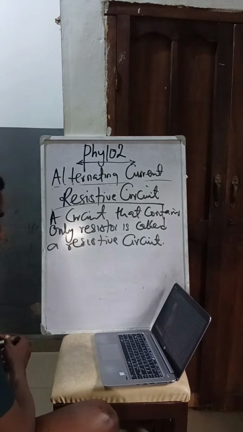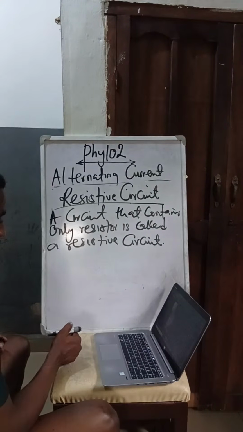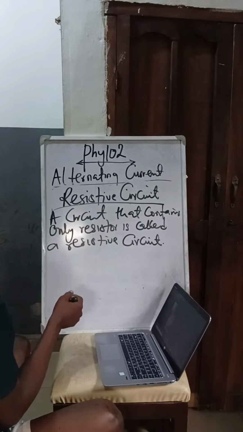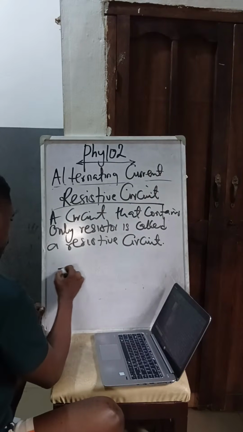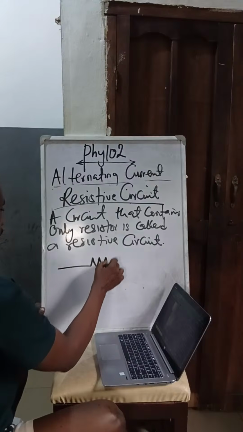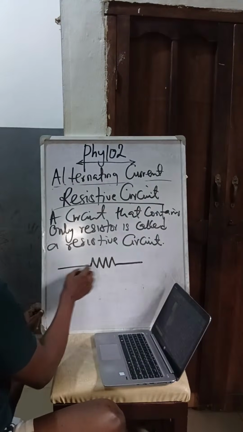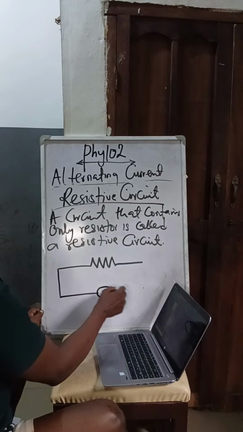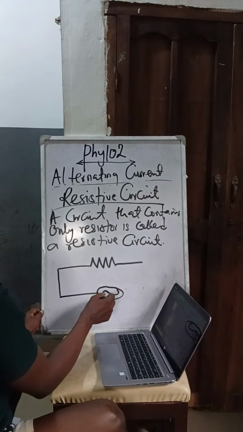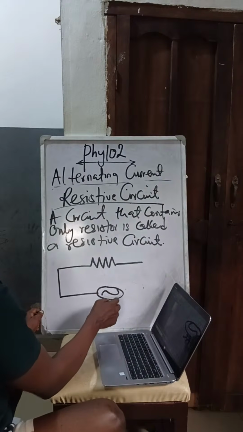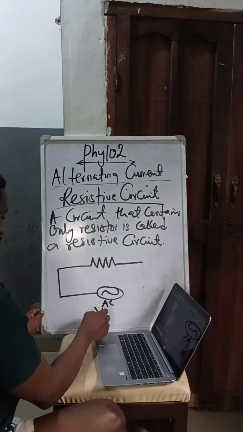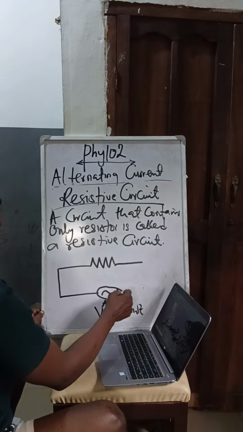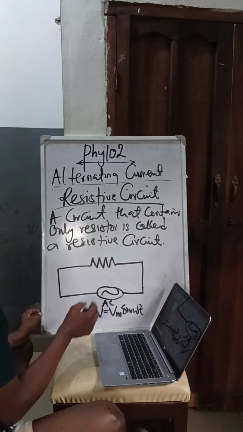Now, when we talk about a resistive circuit, we are actually talking about this. This is a circuit that has only resistor. And if you have a source like this, you know that it's an alternating current, AC source, which could be V is equal to Vm sine Wt, an alternating voltage source.